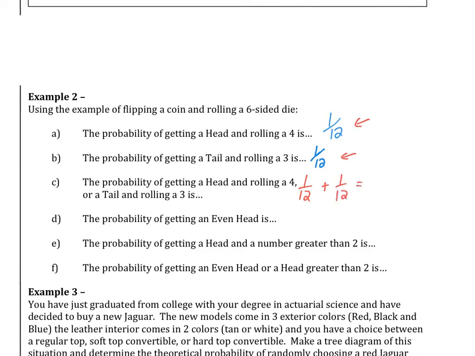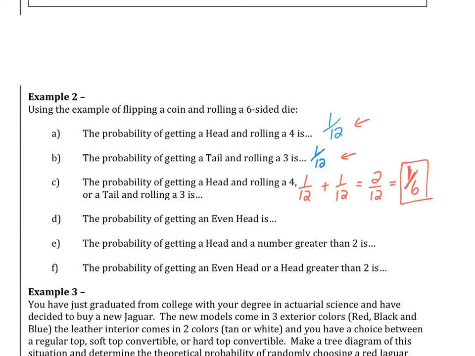So if you put them together, the probability of getting heads and 4 and tails and 3 will be 2 out of 12. And this reduces down to 1 out of 6. So it'd be 1/6 chance that you get either heads in a 4 or tails in a 3.